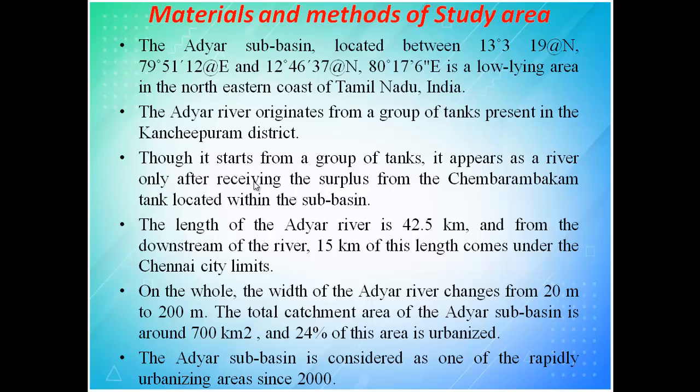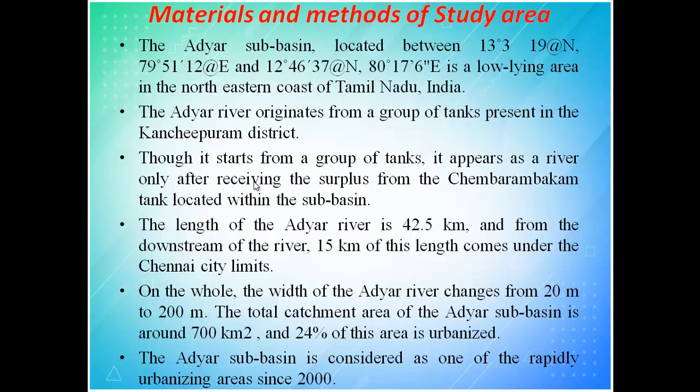The total catchment area is nothing but the place where you store water. The catchment area of the Adayar sub-basin is around 700 square kilometers, which means the total area available to store water, and 24% of this area is urbanized. So we have tried to use it.